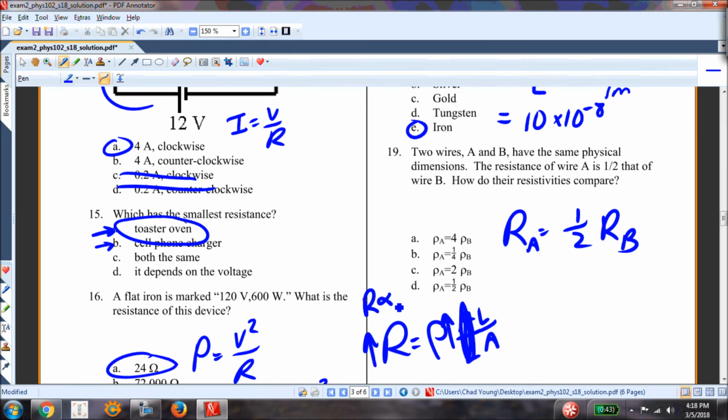In fact, the resistance is directly proportional to rho. So whatever relationship I have between the resistances, I will also have between the resistivities. That is that rho A is equal to half of rho B. D is the right answer then for number 19.